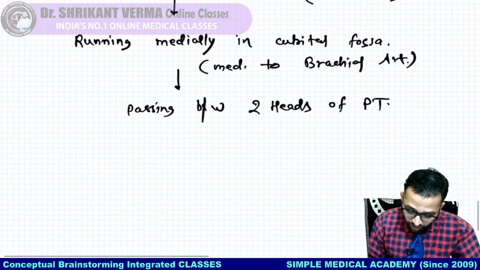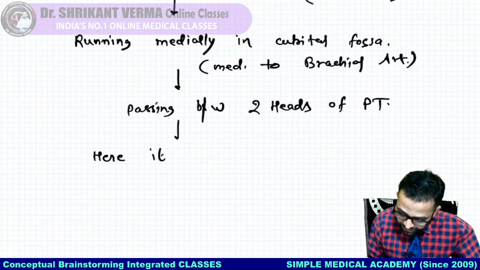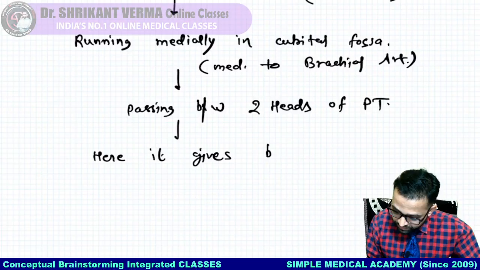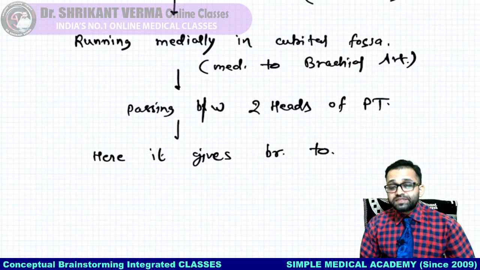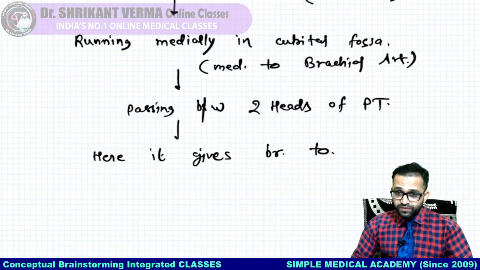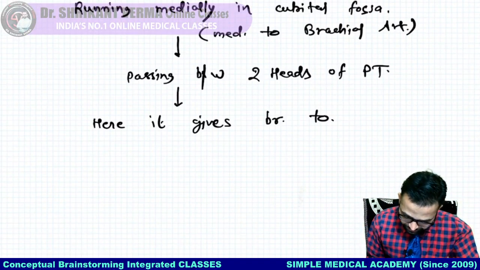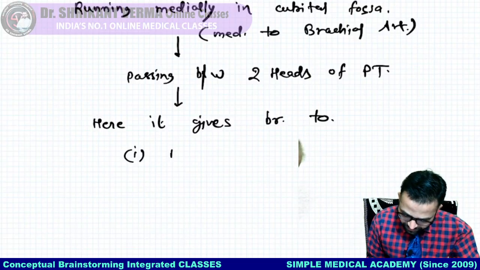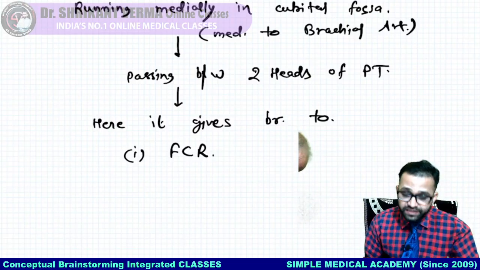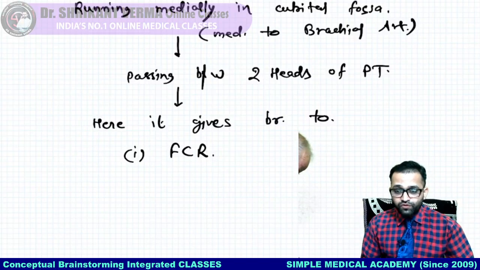Okay, and also you can remember that it is giving branches to different structures. So one by one you can remember them. First point, it is giving a branch to the flexor carpi radialis. We will see this in our forearm part.